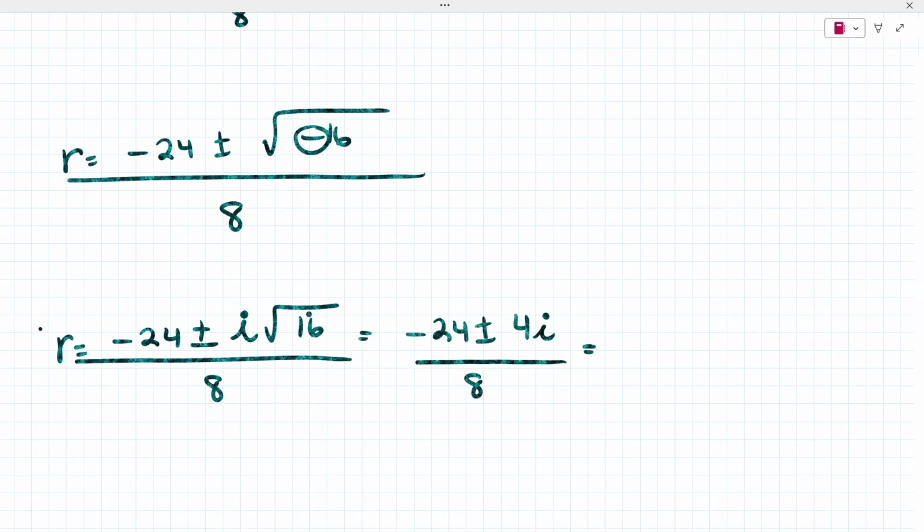And when you divide by 8, you get negative 3 plus or minus 1/2 i. Okay, so this is a complex root. This negative 3 is your alpha. This 1/2 is your beta. So this is definitely complex.